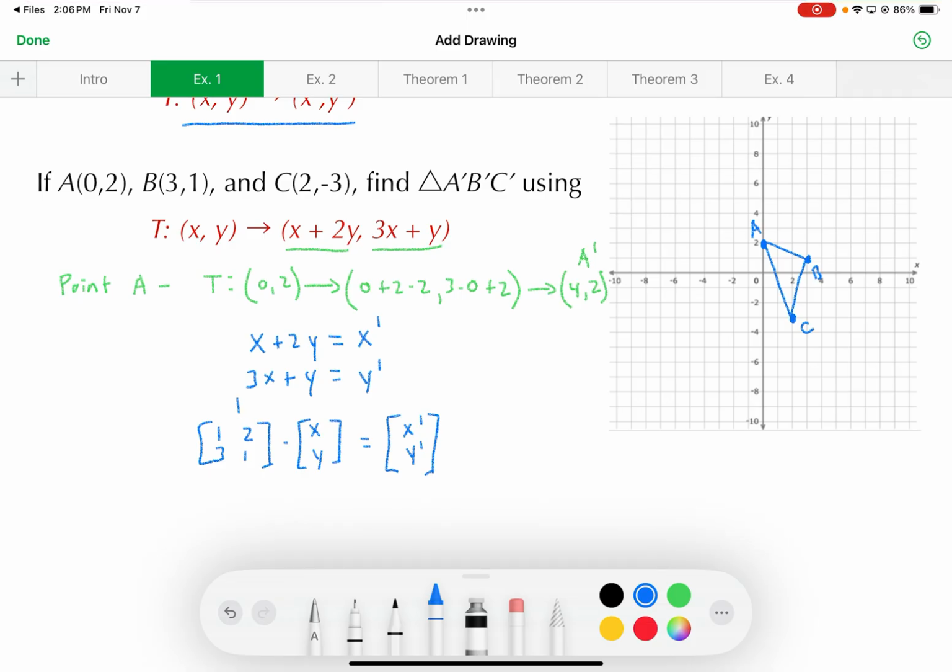Now the coefficient matrix, that's our transformation rule. That's T. And then the first variable matrix, that's for point P, and the second one is for P prime.